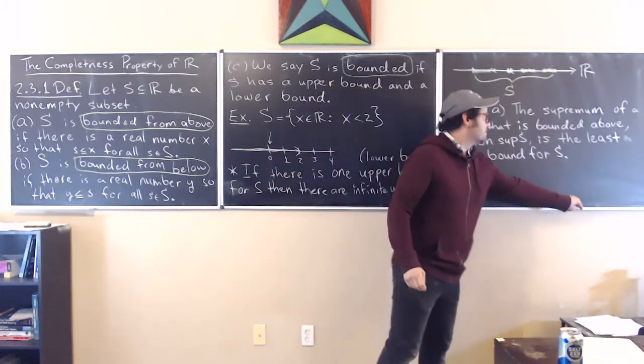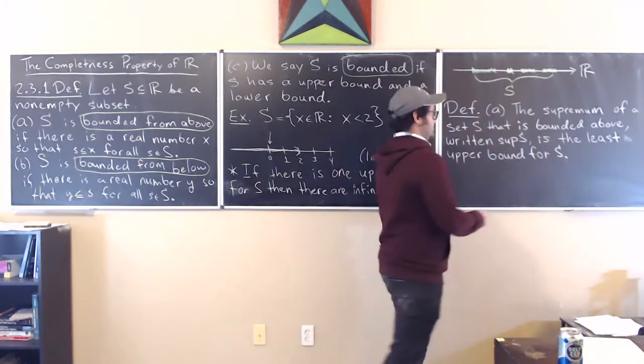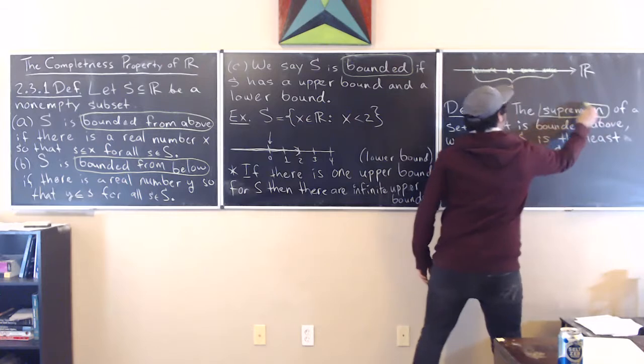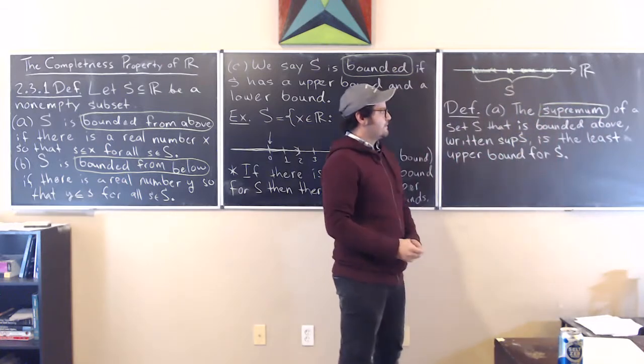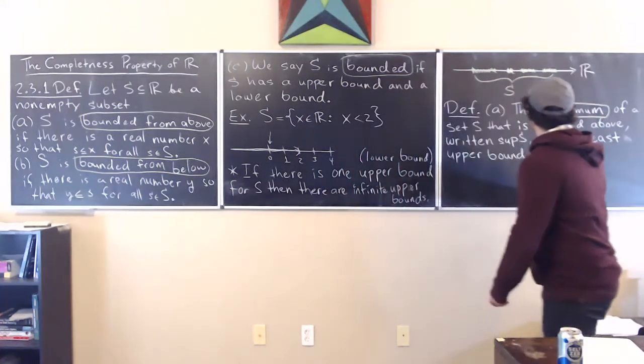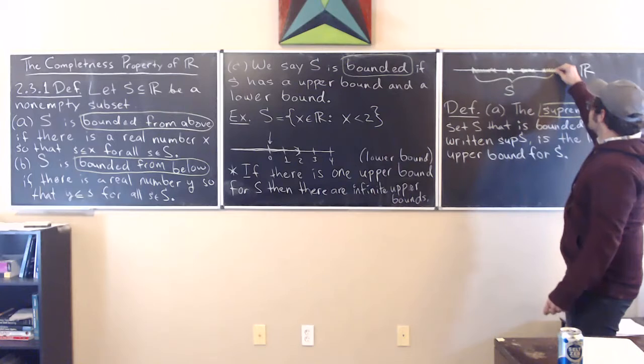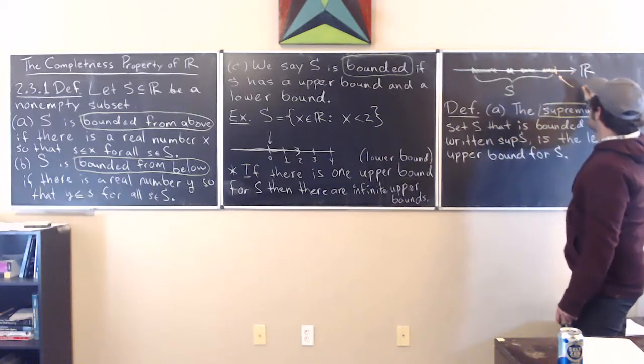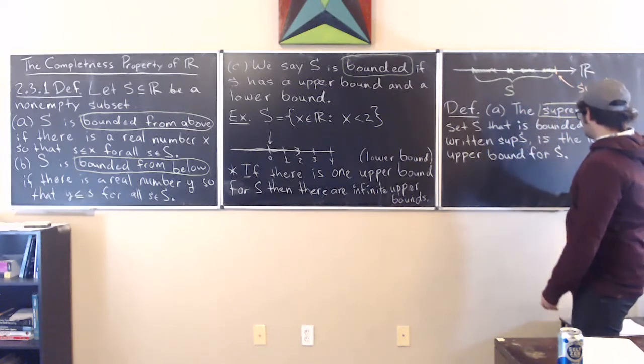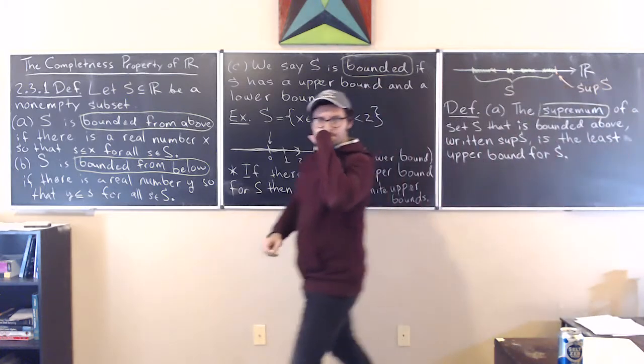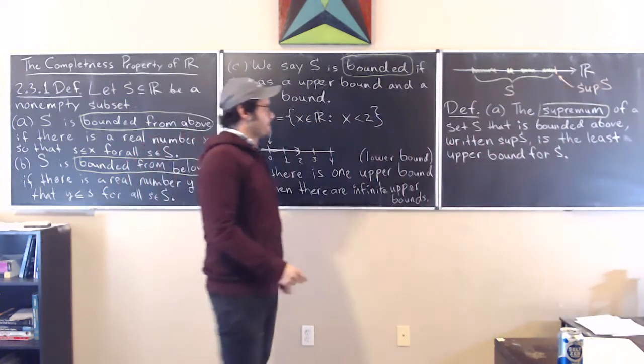It's the least upper bound. So for example here, whatever that number is right there, that would be sup S. Okay.